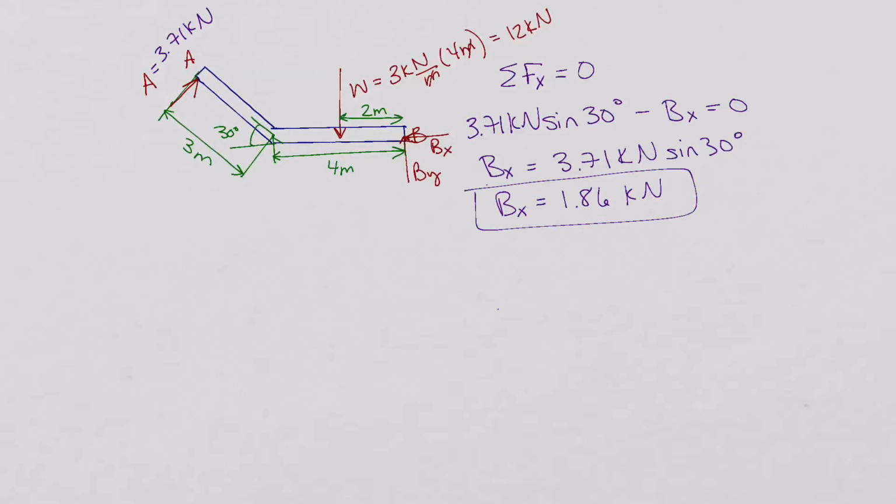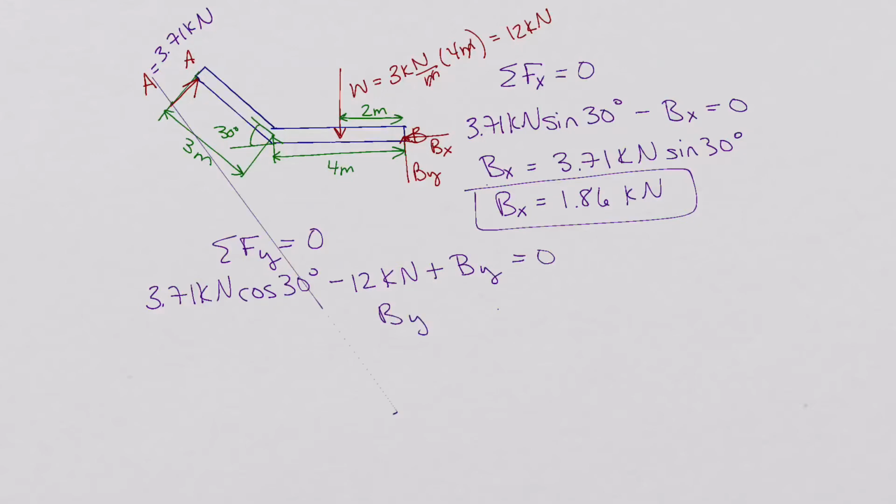And now we can do our last one, which is the sum of the forces in the y direction equals 0. For that, we have the y component of the A, so that's 3.71 kilonewtons times the cosine of 30 degrees, minus that W, which is 12 kilonewtons, plus By equals 0.